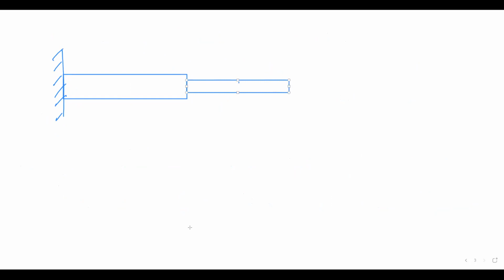What if I have a force acting like this of 400 kilonewtons, and a force acting like this of 600 kilonewtons, and this is my A, this is my B, this is my C. Here you can directly find the RA. You don't even need that because the total deflection is not zero here. Of course not.